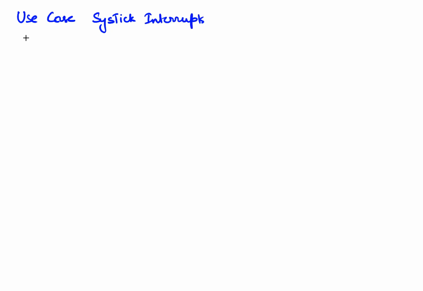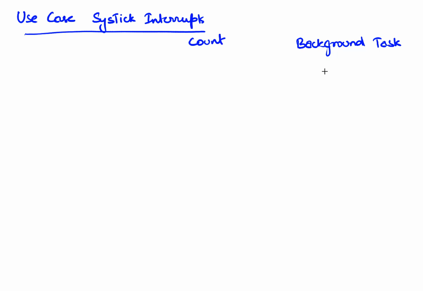So the problem we're going to solve is we have a background thread, and this is our task. We call it a thread or a background task. This task's job is to take a global variable called count, and this count will just be incremented.